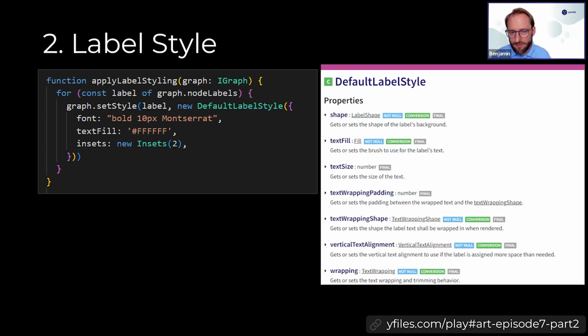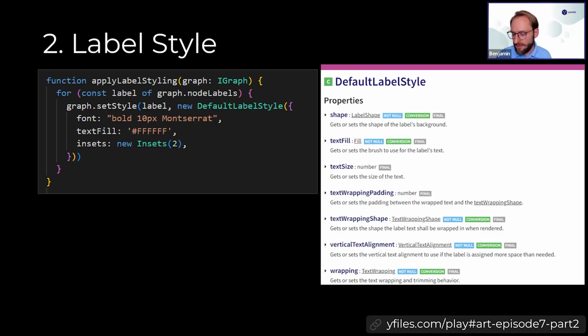For example, also about the text and the arrangement of the text. So this gives you already a possibility to do some basic arrangement of the label texts. However, the problem is that if you want to do some formatting of the text, the default label style is not sufficient, but you need a more complex label style.